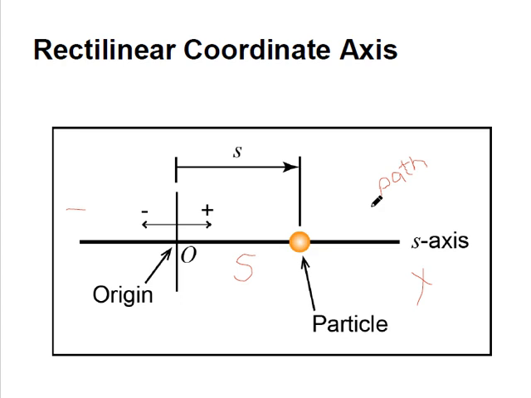So this coordinate axis is going to keep things simple for us, because everything happens along one dimension on one single axis. So you have only 1 degree of freedom.